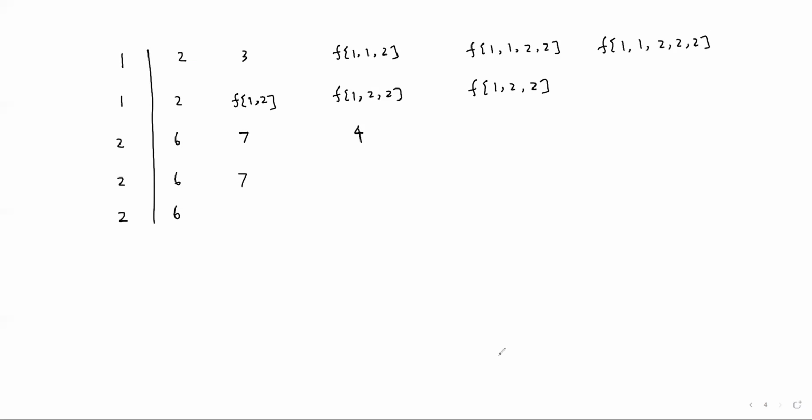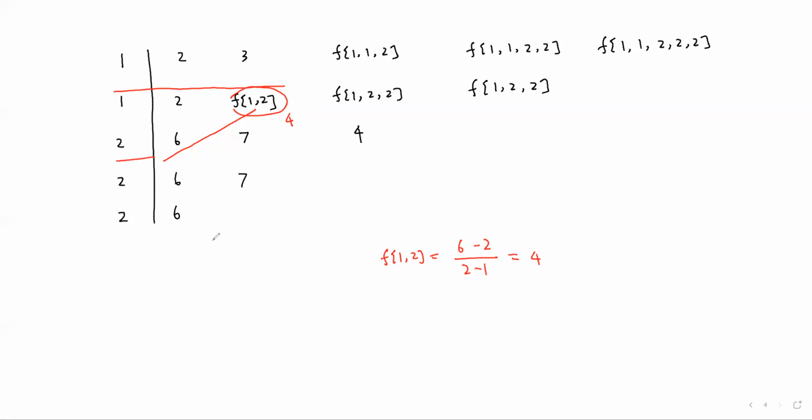Okay, now let me compute this guy. Draw a triangle. F[1,2] is equal to this number 6 minus 2, over 2 minus 1. It is 4. This number is 4. How about this number?